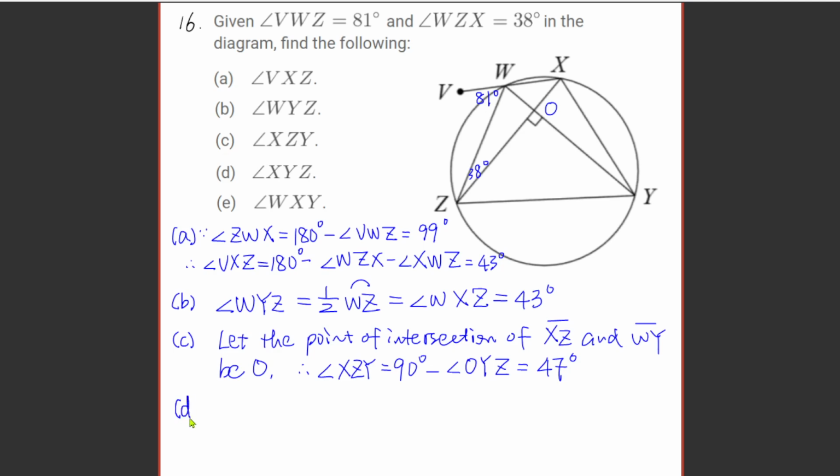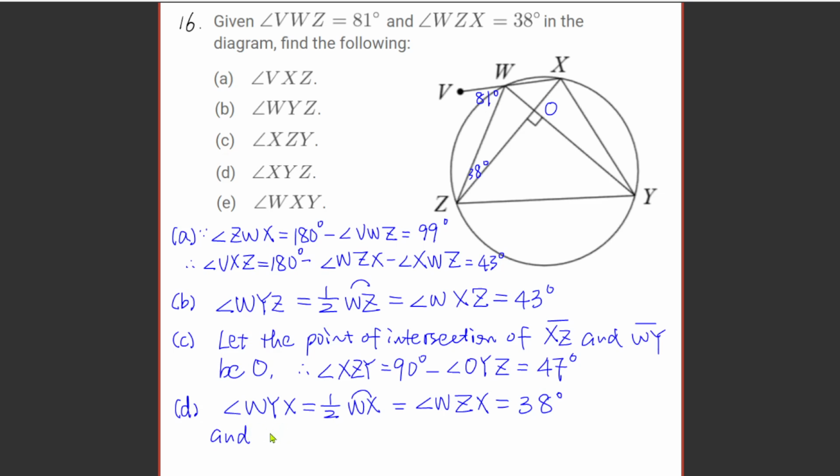Okay, then question D. First of all, we have angle WYX equals a half of arc WX, and this gives us also equals angle WZX, which equals 38 degrees.